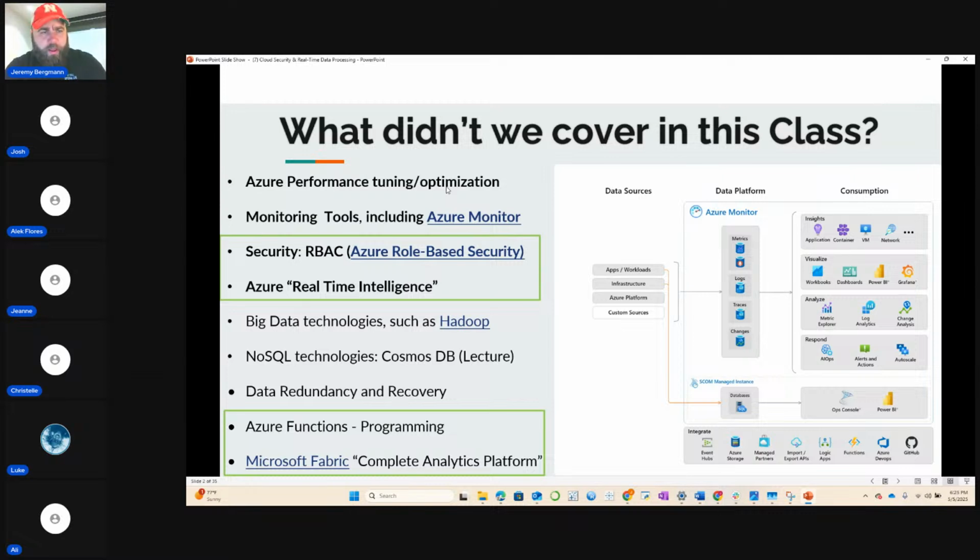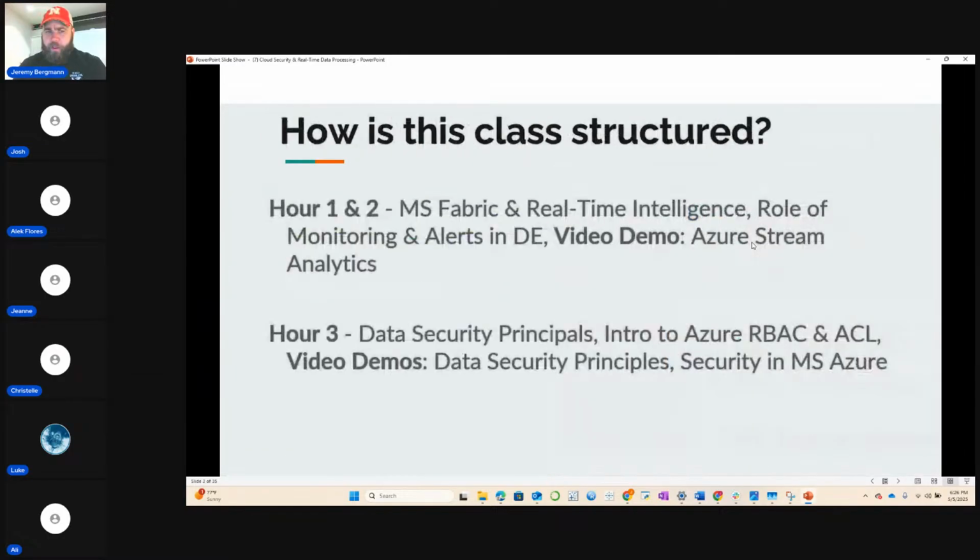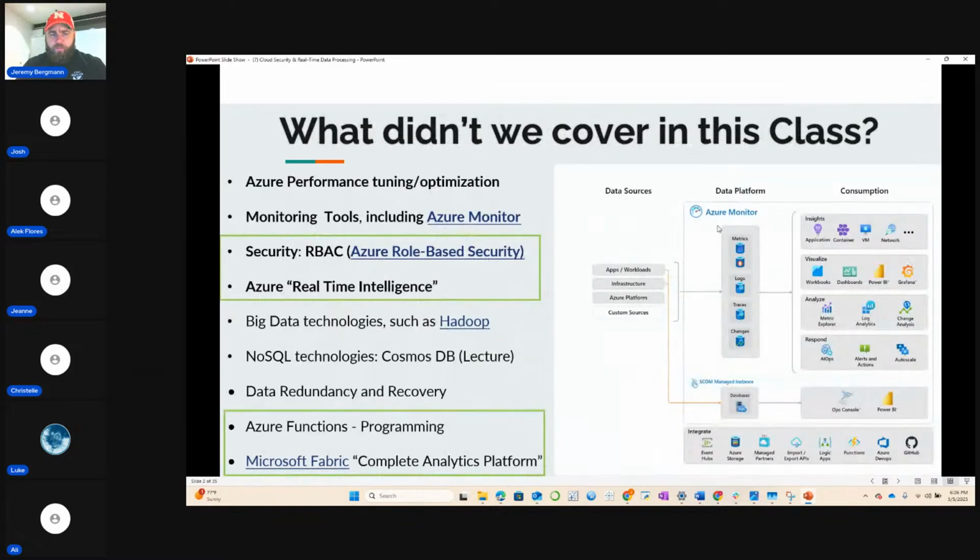One of those would be diving really deep into performance tuning. We're not going to cover monitoring tools too much, other than noting that Azure Monitor does exist to be able to monitor certain events within services, whether it's hitting certain metrics like CPU thresholds or cost.